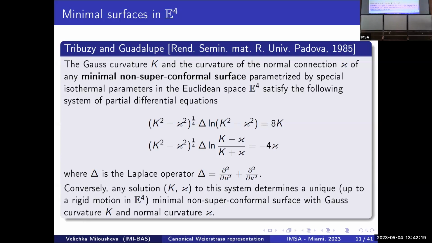Conversely, any solution K, kappa to this system determines a unique, up to a motion in E4, minimal non-superconformal surface with Gauss curvature K and normal curvature kappa. So the minimal surfaces in E4 are described in terms of these two special invariants K, kappa by these two partial differential equations. This is the problem solved in E4.